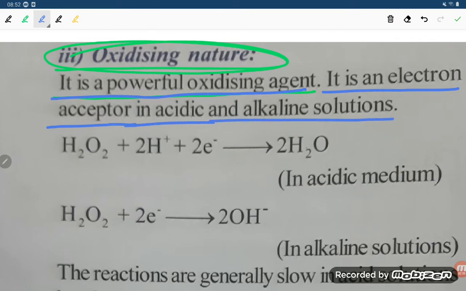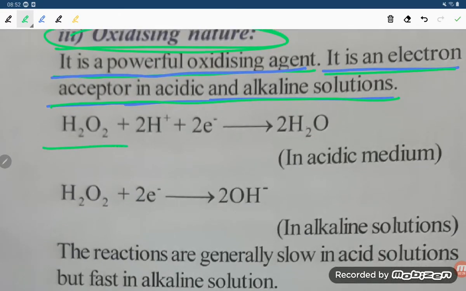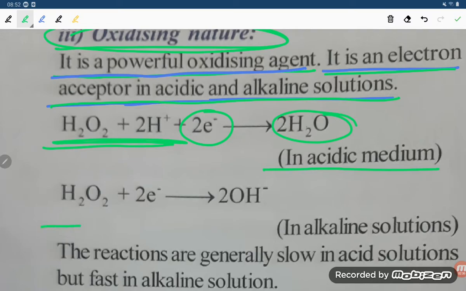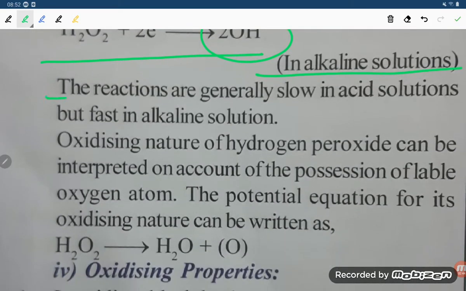In acidic solution, it accepts electrons and forms water. In alkaline solution, it also accepts electrons and forms hydroxide. The reactions are generally slow in acidic solution but faster in alkaline solution.